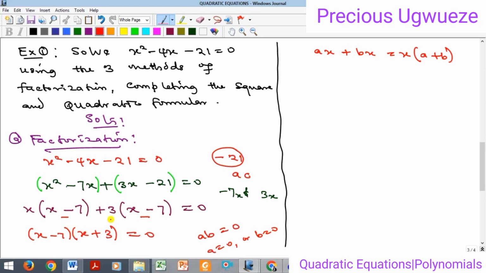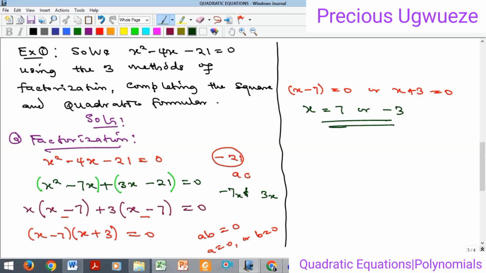So now, since the product here is equal to 0, the implication is that it is either x minus 7 is 0 or x plus 3 is 0. Okay, and if that then happens, I can easily now find my x by making x the subject here. So my x is equal to 7 or minus 3. And that is the solution for this quadratic equation using factorization method.